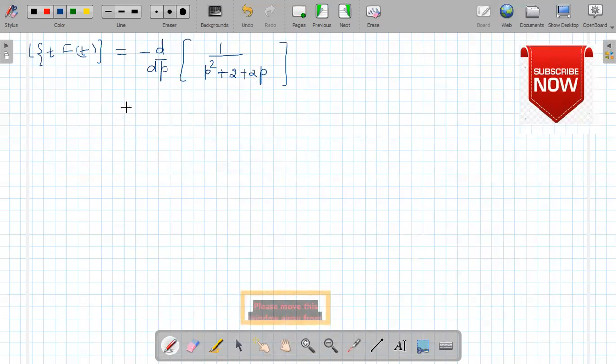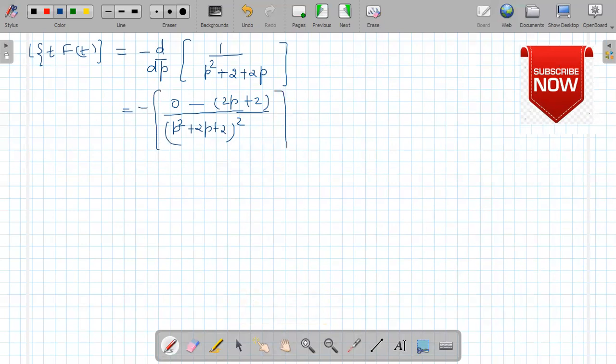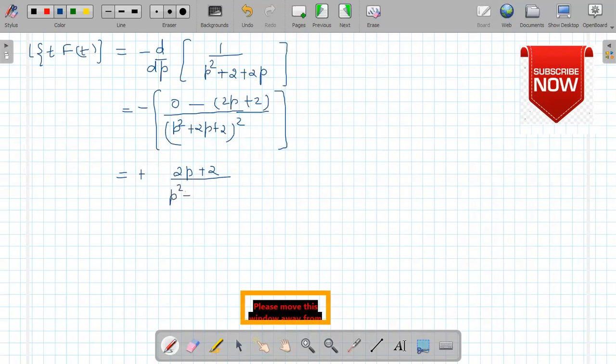Now we differentiate this with respect to p, so we will get (p square plus 2p plus 2) whole square, and 0 here, minus 2p plus 2 here, and the negative sign is also here, so we have 2p plus 2, this negative and this negative become positive, over (p square plus 2p plus 2) whole square.